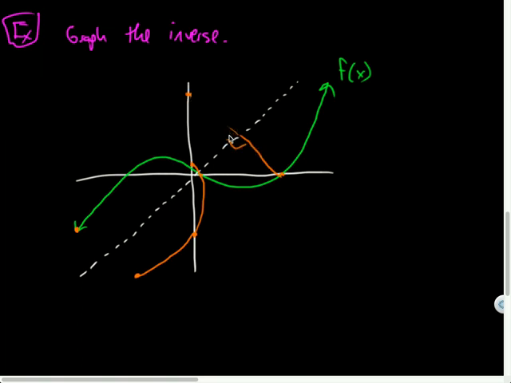So it's going to be right over here. Then this point is this far away over here, and then it goes around like that. And this would be the inverse of f of x.